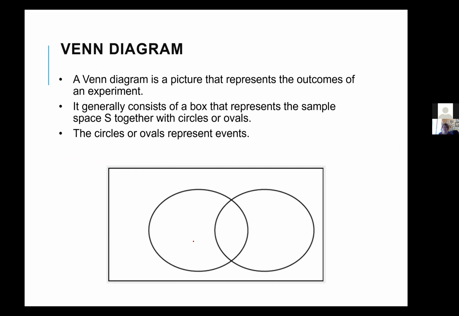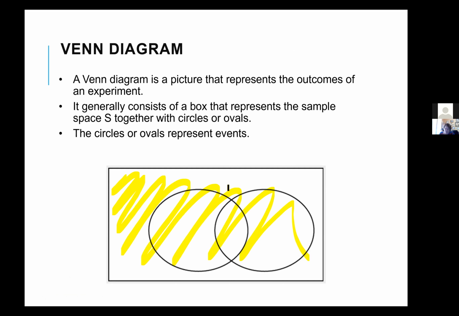So first, let's look at a Venn diagram. A Venn diagram is just a way for us to represent the sample space and then the events in an experiment. The big rectangle represents your entire sample space, so the area inside the rectangle represents your sample space.